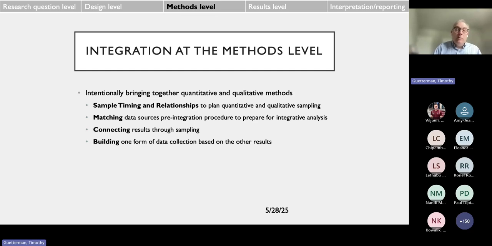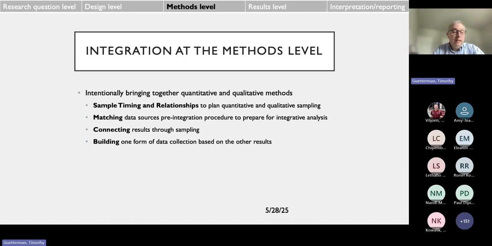So methods could be sampling methods, data collection methods, analysis methods. So for data collection, we're using surveys, online surveys, or we're conducting semi-structured interviews. Analysis could be descriptive analysis or regression analysis, or qualitatively, thematic analysis. So those are examples of the methods that I'm talking about.